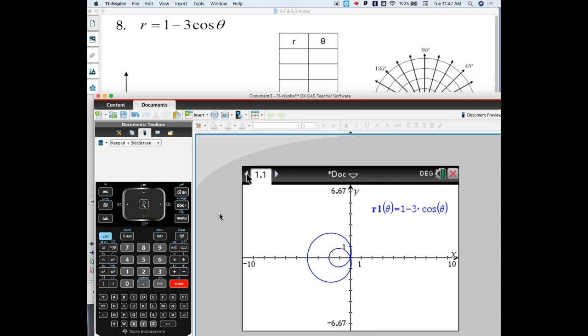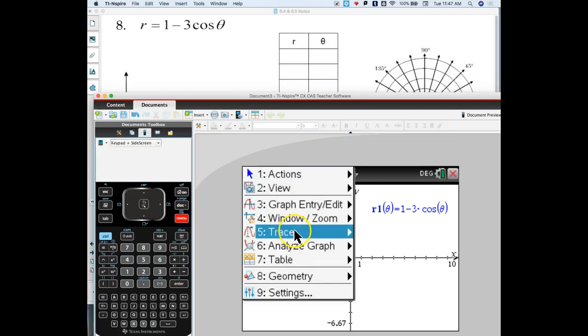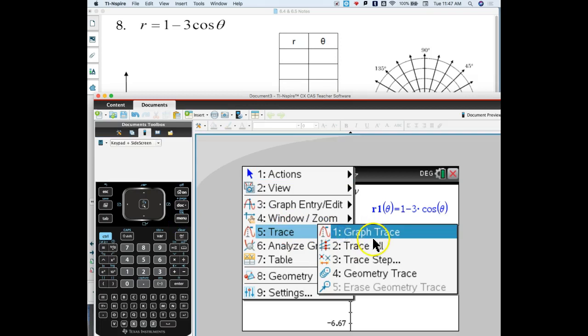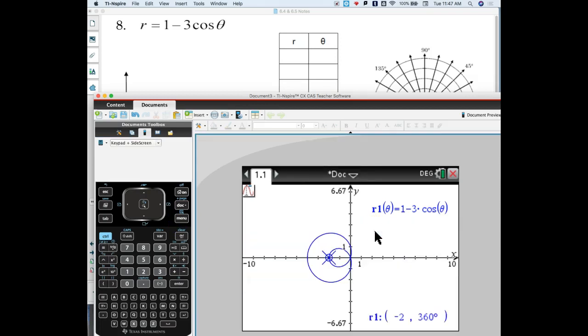So now we need to transfer that onto our graph. Okay? So we're going to trace it. So the first point is going to be at negative 2, 0.